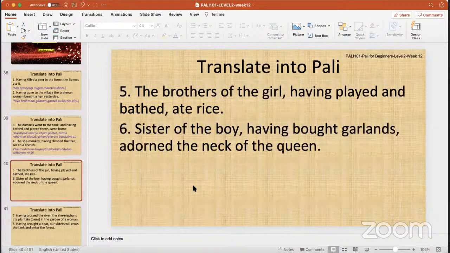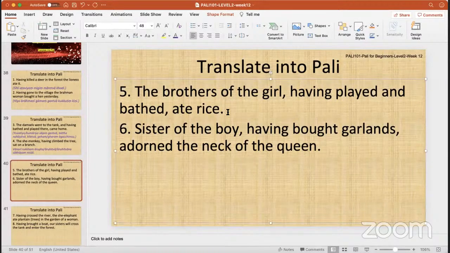Number 5: the brothers of the girl, having played, ate rice. What is the final verb here? Ate. Okay, and what is the corresponding subject here? The brothers of the girl.